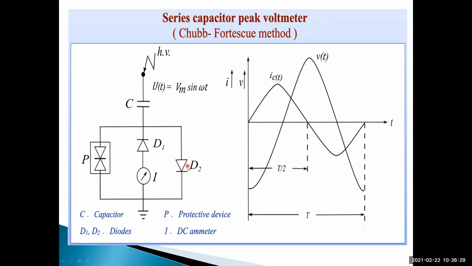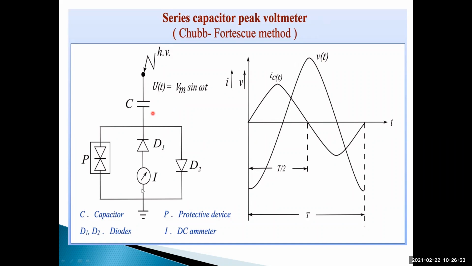Only during forward bias does it conduct, so either half cycle passes through the capacitor, allowing the AC. These are the different waveforms and this is the circuit diagram, also called the Chubb-Fortescue method. Across the capacitor, current leads and voltage lags.